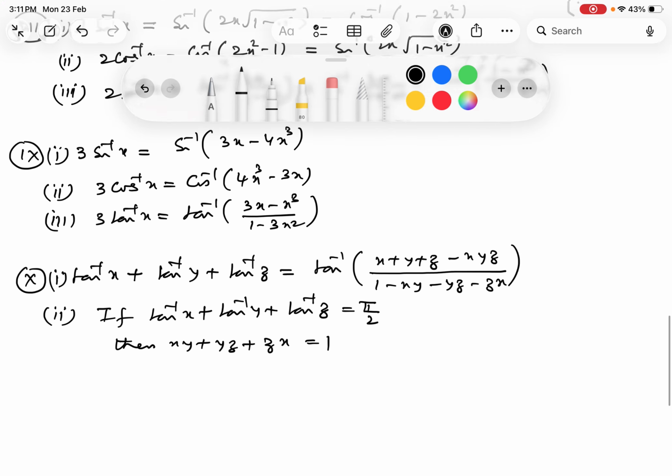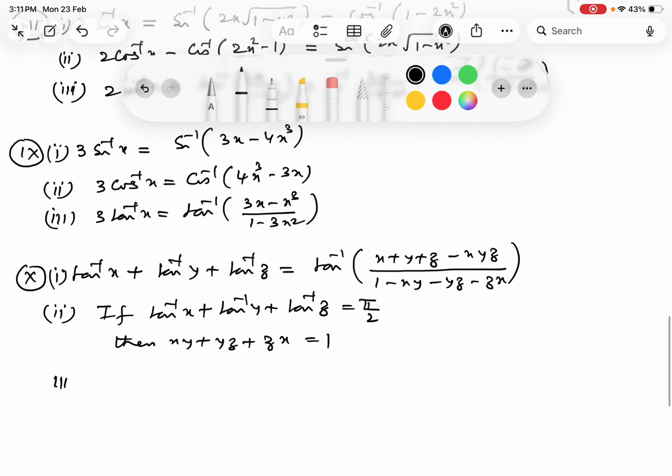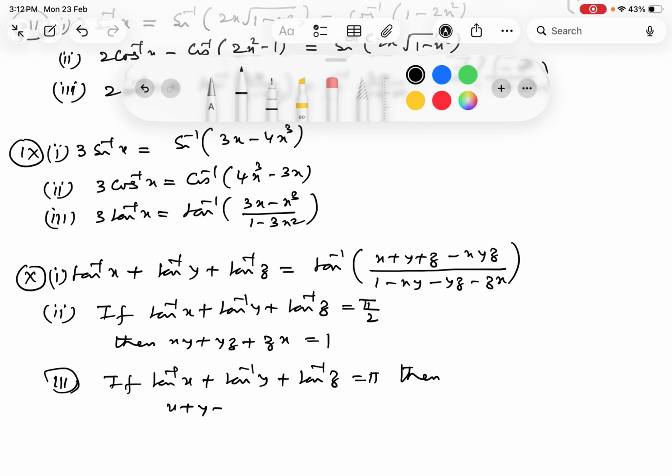And in this, the third result is if tan inverse x plus tan inverse y plus tan inverse z is equal to pi, then x plus y plus z is always equal to xyz.